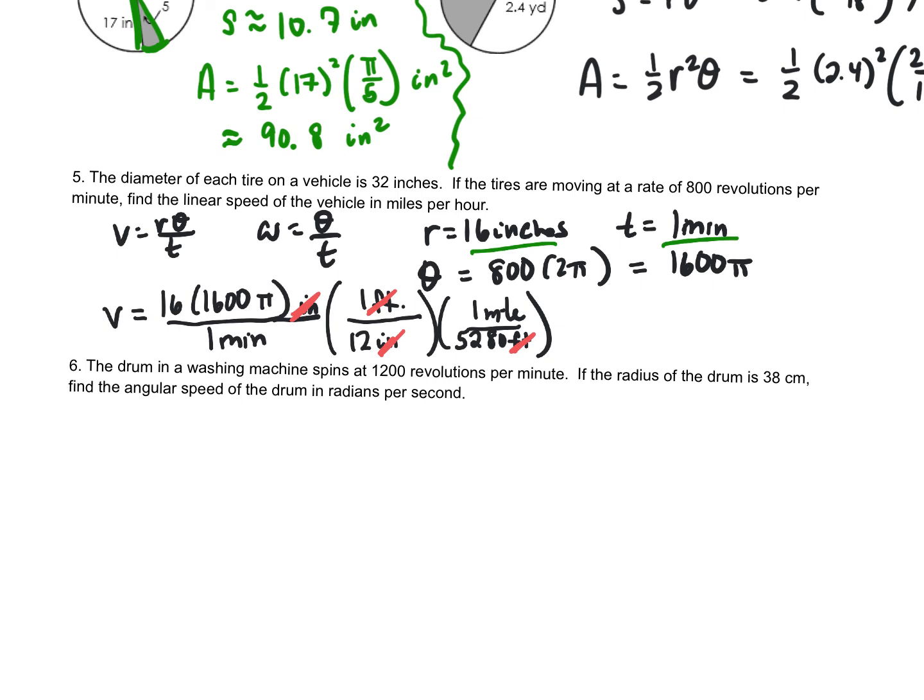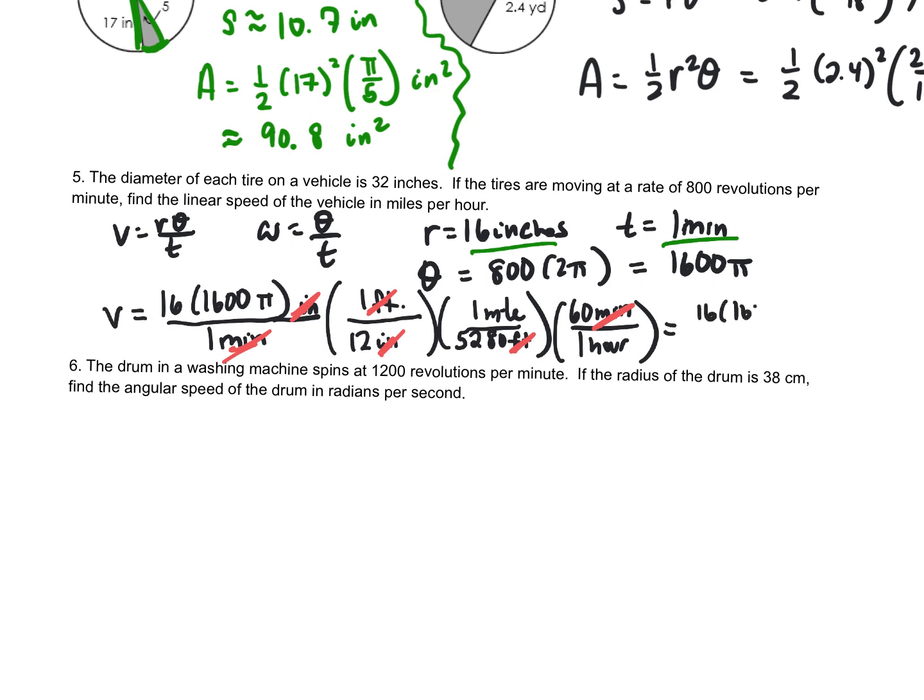So now I just have to convert the minutes to hours, and that's pretty simple. We know there are 60 minutes in every 1 hour. So that will cancel that unit out there. So now I'm left with miles and hours, which is exactly what I want. So if I multiply all this out, and again, I'm just going to put everything on the top.